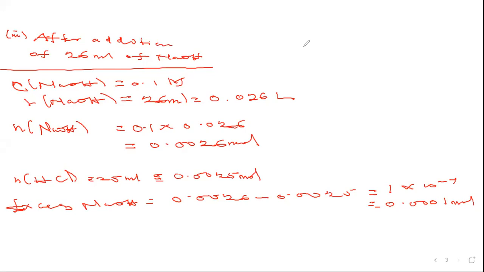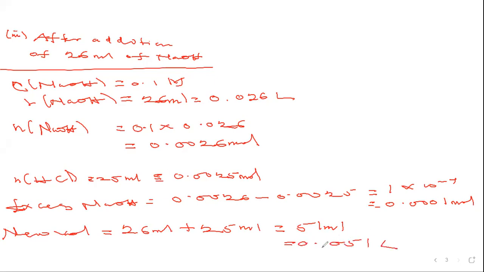Now let's see what happens. Once you have this in excess, once again, your volume will change. So your new volume is now 26 mils of the base plus 25 mils of the acid that was already there. This will give us 51 mils. And 51 mils is the same as 0.051 liters. And once we have this, we can base on this to find our new concentration of the solution.